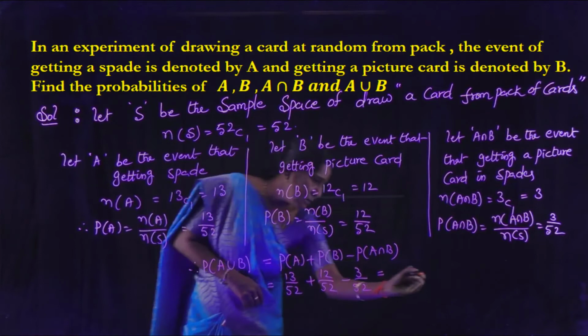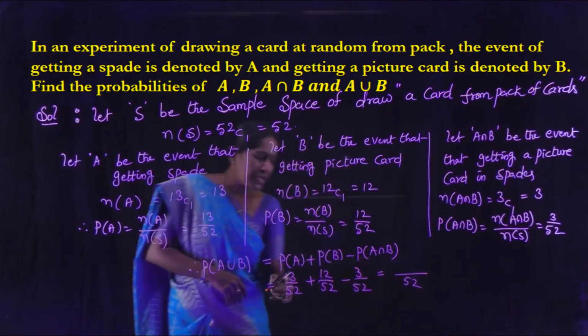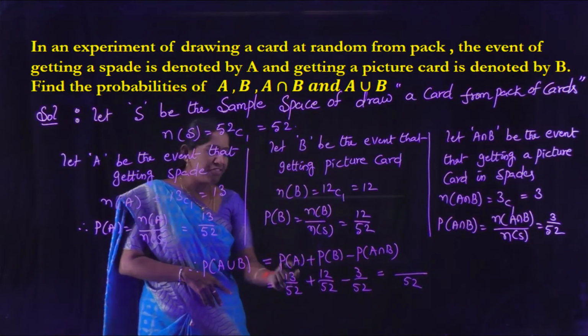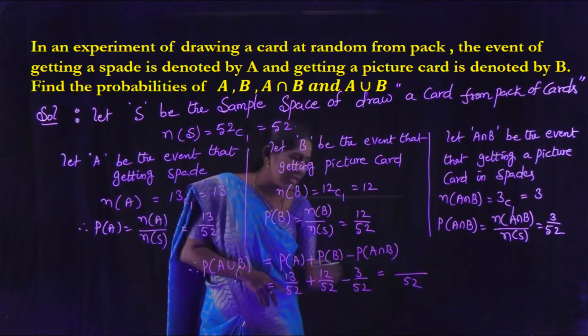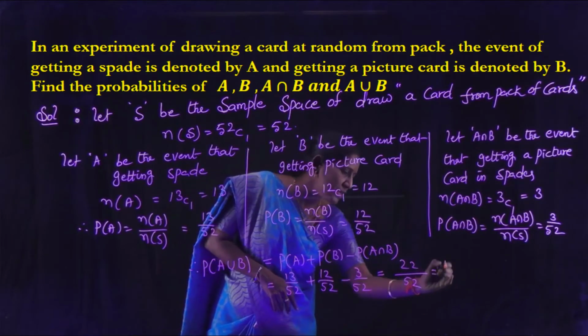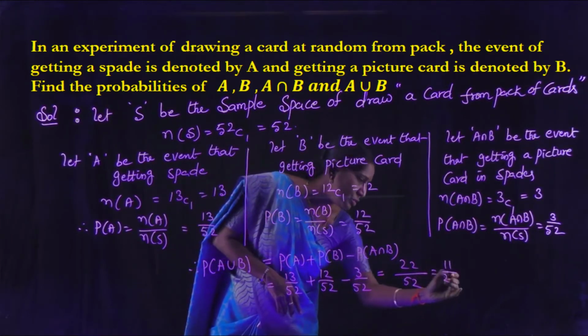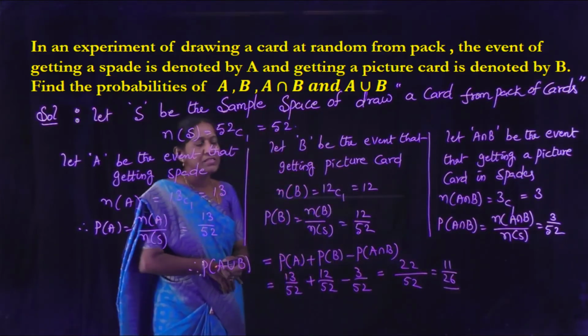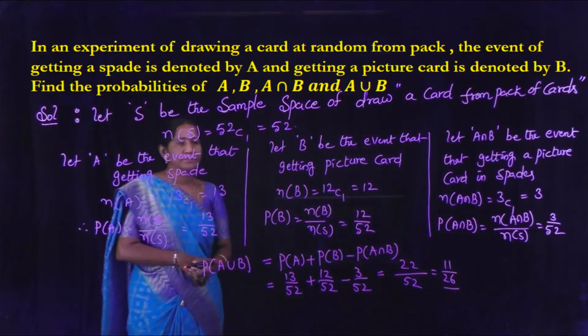With denominator 52, 13 plus 12 is 25, 25 minus 3 is 22. Do cancellation, 2 elevens are 22 and 2 twenty-sixes are 52. So that value is 11 by 26.